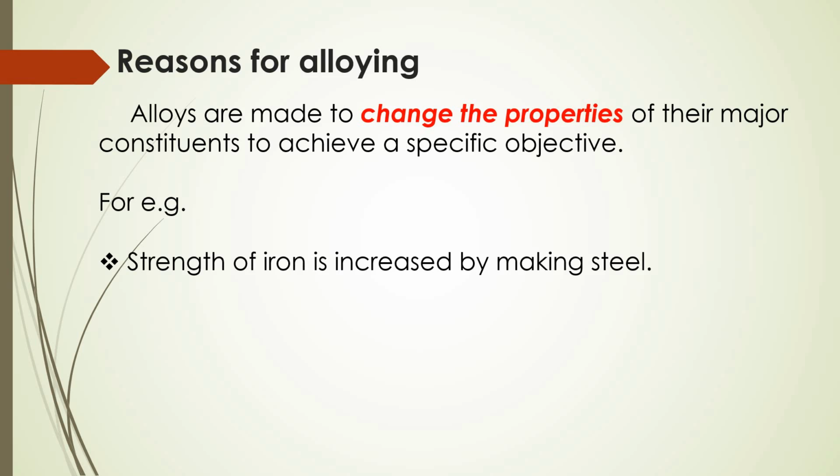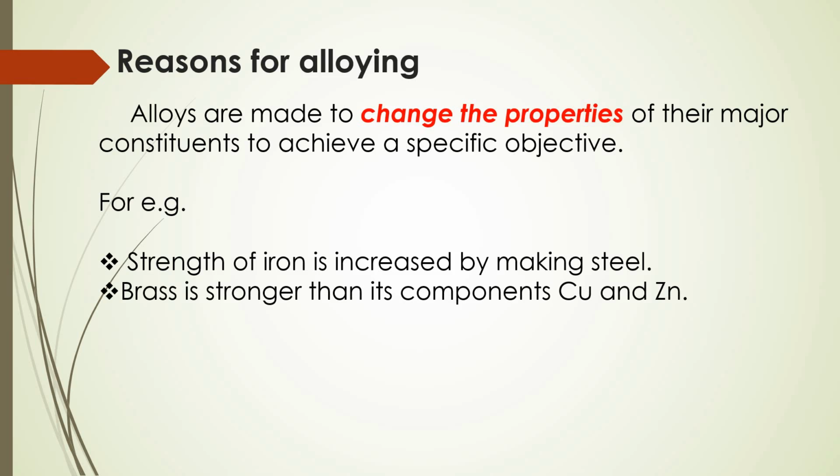So to iron, if we add chromium, nickel and carbon, the strength of iron increases, and the rusting property of iron can also be removed, so that iron doesn't get rusted, and hence we don't lose any money. Therefore, to add strength to a metal and to increase its performance, we can make an alloy.